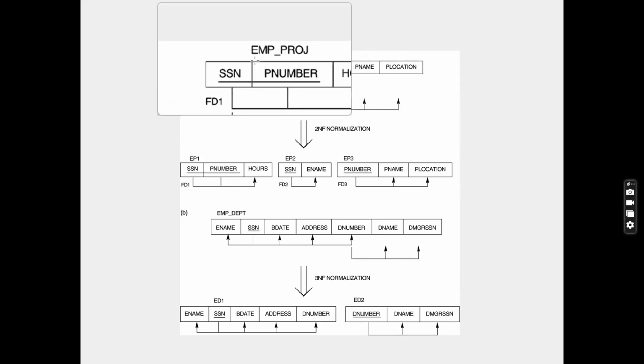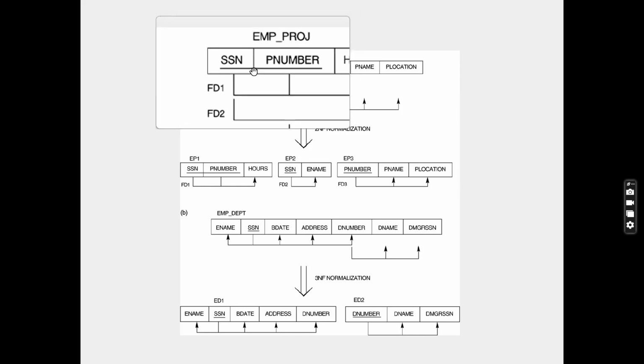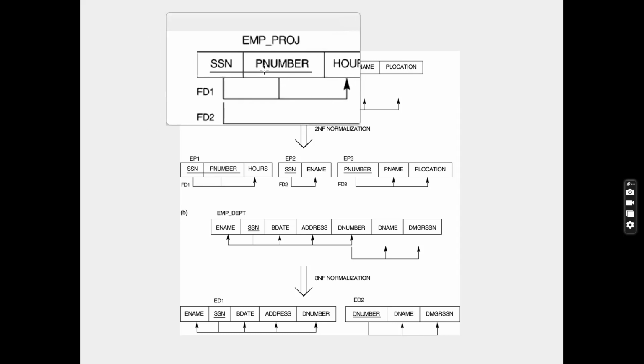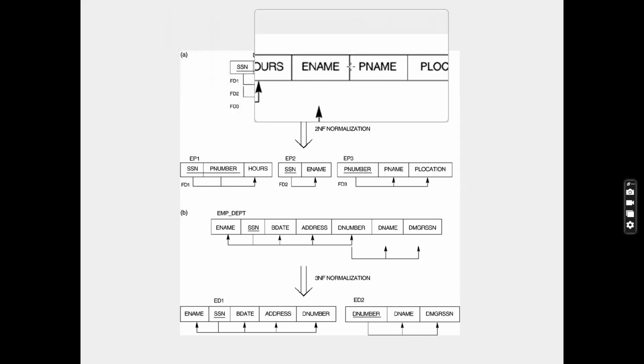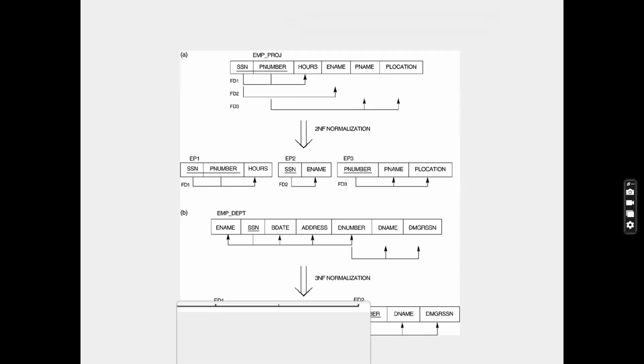So here we have the employee project relation. In the employee project relation, we have a couple of attributes: social security number, project number, number of hours, employee name, project location. Right? These are the values we have.